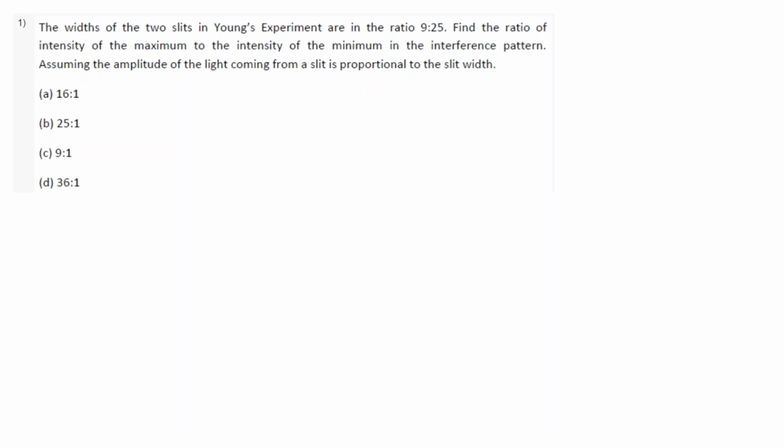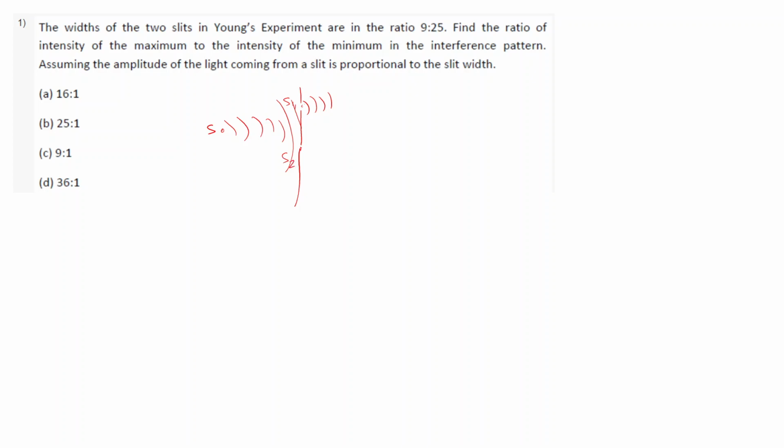So we know one is the source, and when the wave passes through these two slits, they start behaving like independent sources, S1, S2.